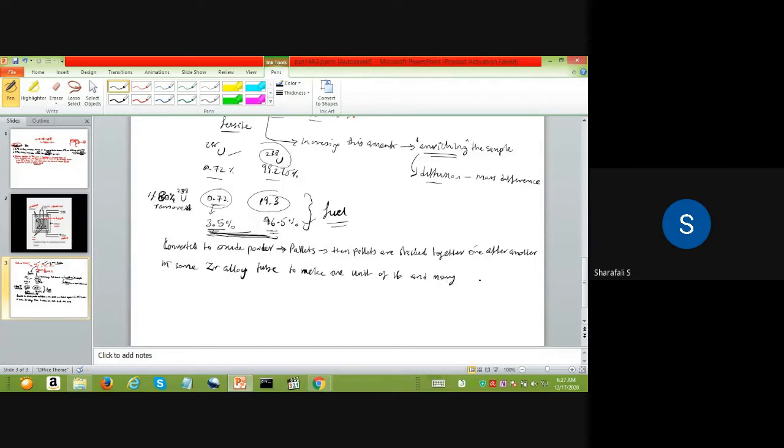And many such tubes form a cluster of it. I'm just writing that note.